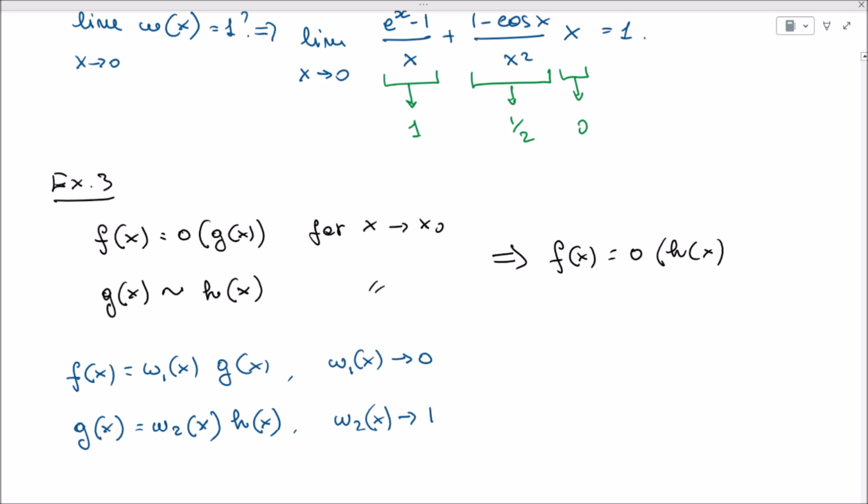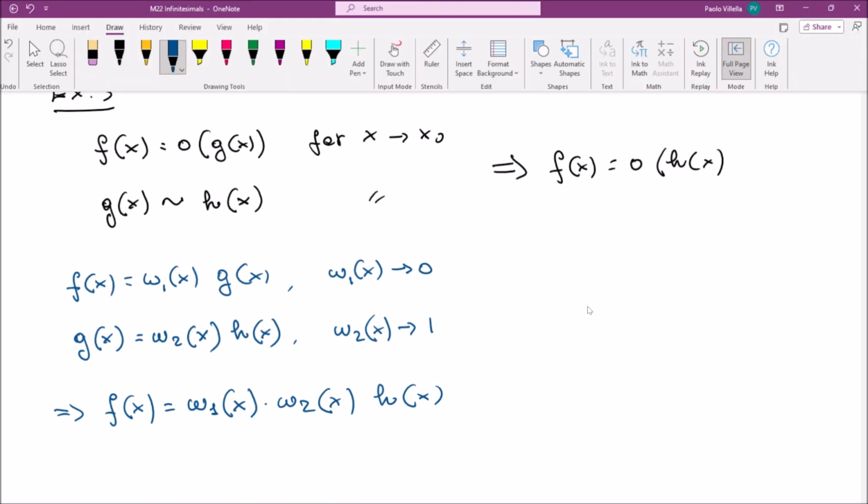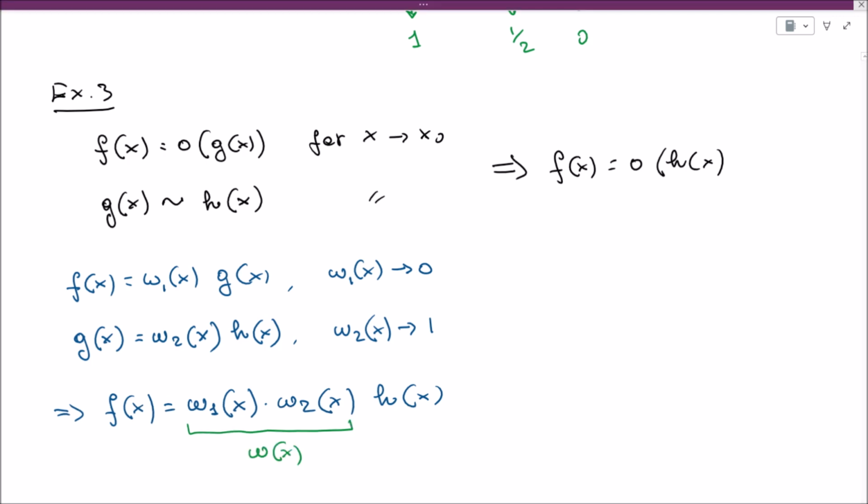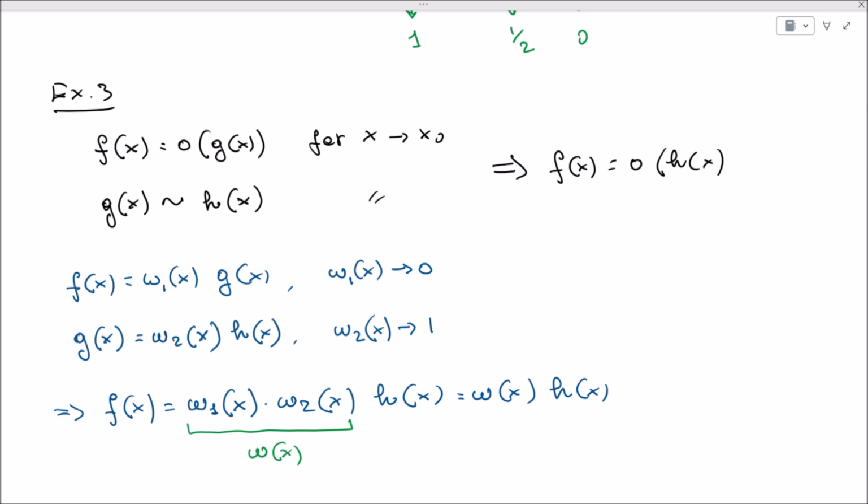So we can write that f of x is equal to omega 1 of x times omega 2 of x times h of x. And if we consider this as the new omega of x, we can write f of x as omega of x times h of x. But now we need to prove that omega of x tends to 0.